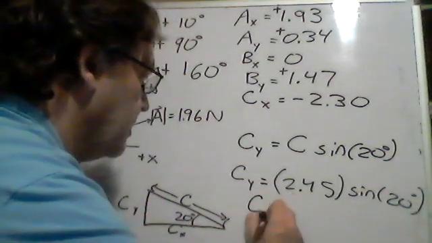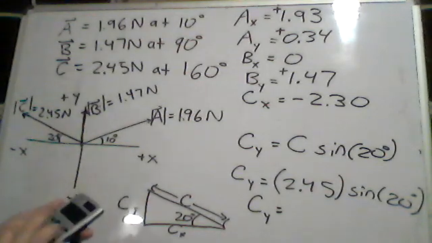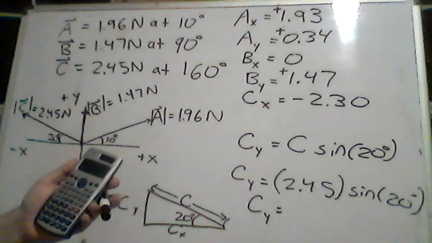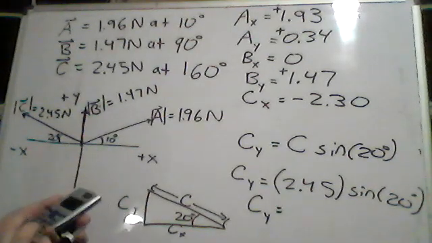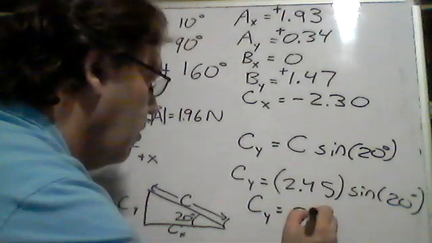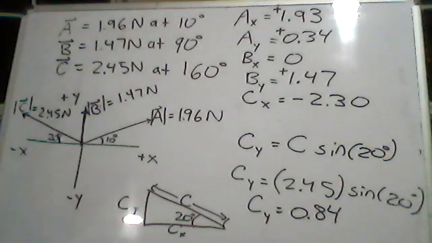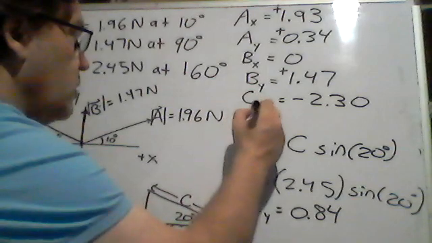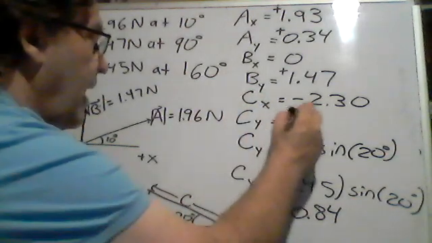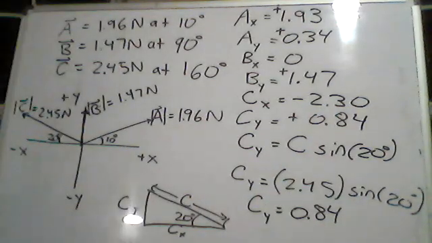Sine of 20, 0.342 times 2.45, and that's going to be 0.84. Given that the c vector is a second quadrant vector, that's a positive component. So there we go. We have all the information we need, positive 0.84, and we're ready to now do the arithmetic.